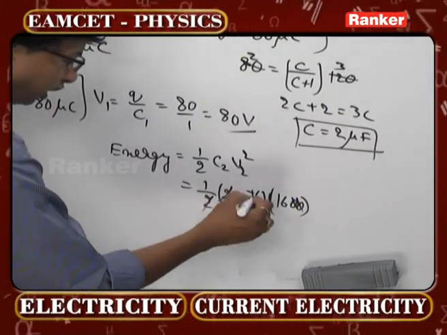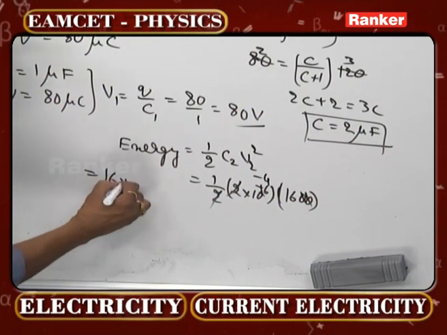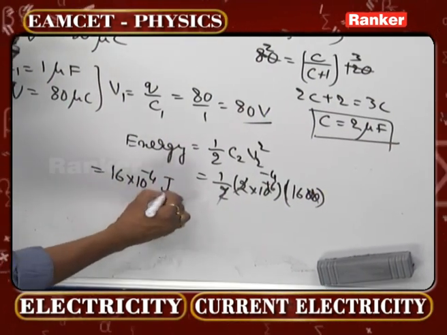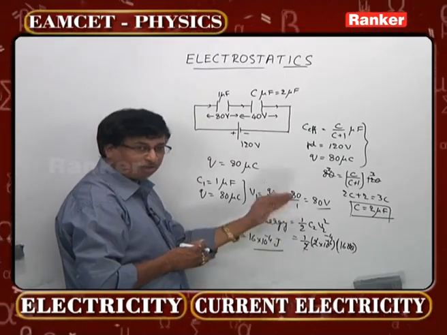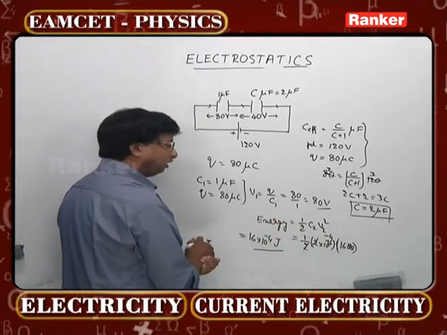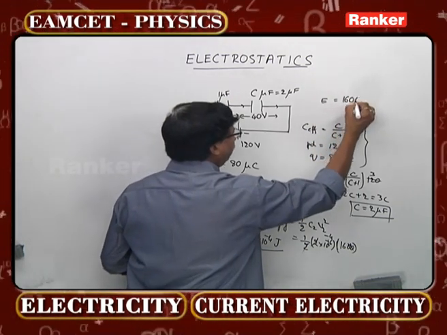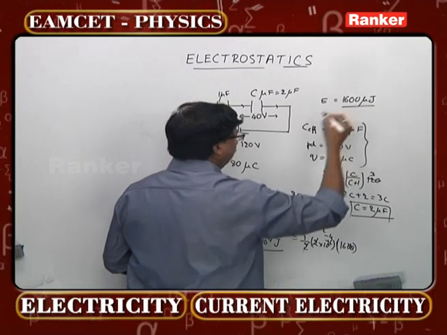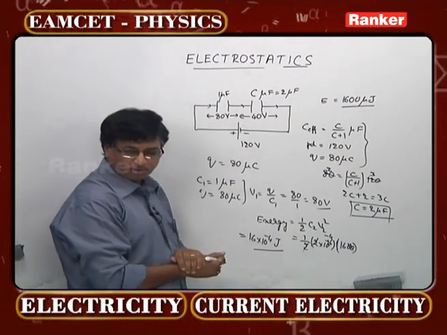So what will be the energy here? 16 into 10 power minus 4 joule. But he is asking you the answer in microjoule, so no need for us to cut the things as well. So energy is now going to be 1600 microjoule. Directly you can write it like this only. So what is the correct option over here?